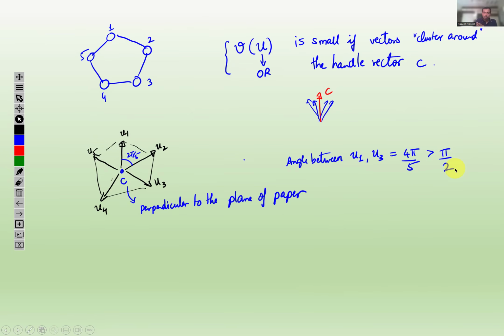Now imagine that this is an umbrella, or the spokes of an umbrella that is fully open. Somehow the umbrella is completely flat. And now I pull the umbrella down to kind of close it. I hold the handle, that's why the name handle vector, and I pull the umbrella to close it. So all of these spokes start collapsing down, and in the final position, the umbrella is completely closed.